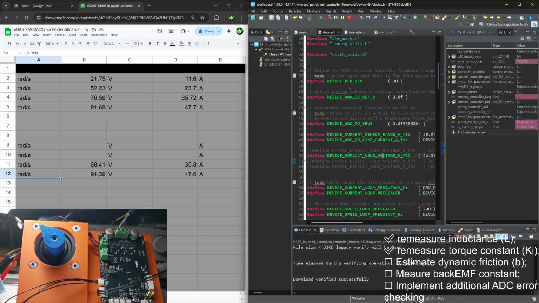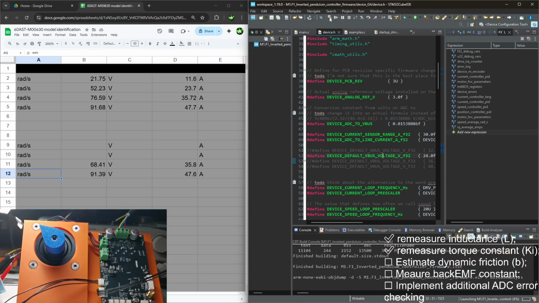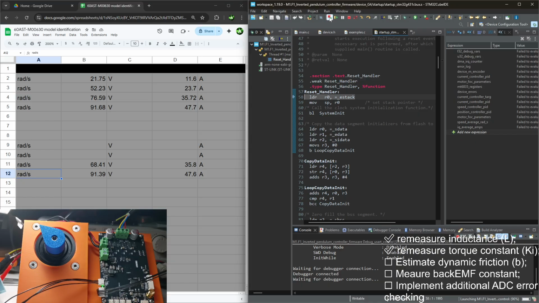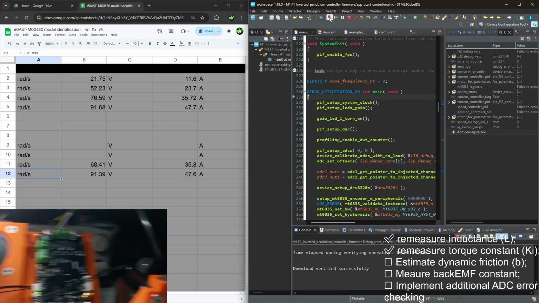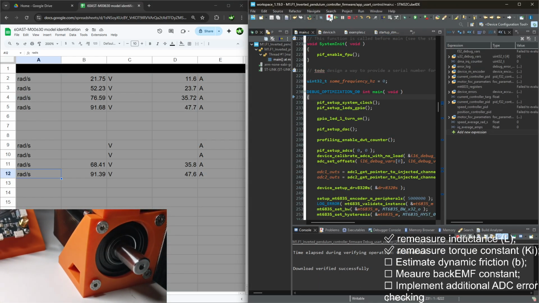Right here. Flash. And let me change the voltage of my power supply. Done. So let's run it. Calibration first, then we spin. And note the values.